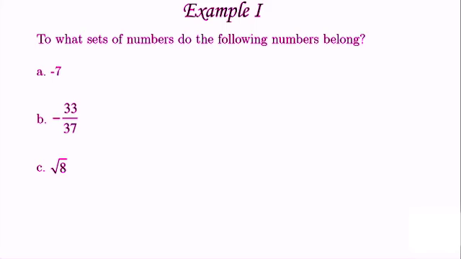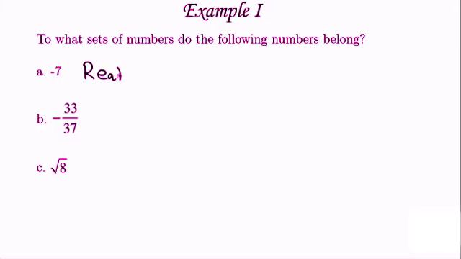In this example, we're going to talk about what sets of numbers various numbers belong to. To what sets of numbers do the following numbers belong? And they give us 3 different numbers. Looking at -7, it's a real number. It can certainly be expressed on the number line. Is it a natural number? No, because it's negative.